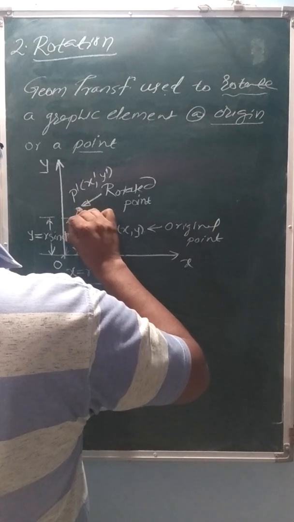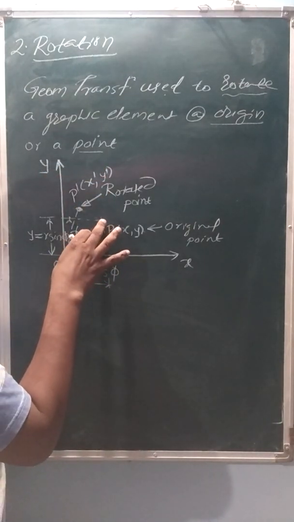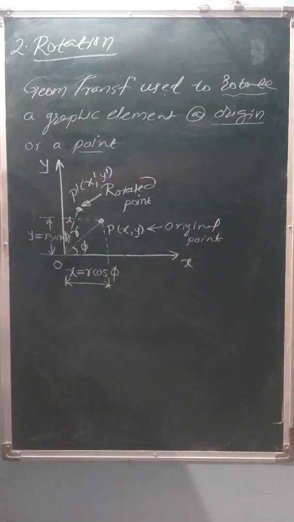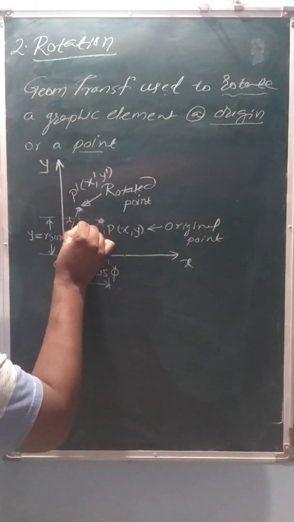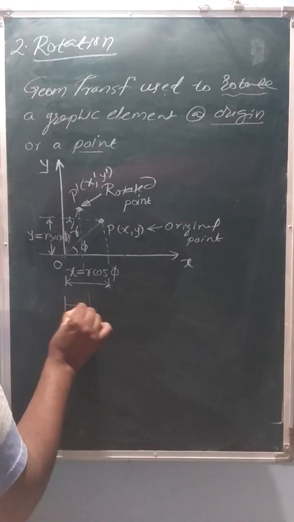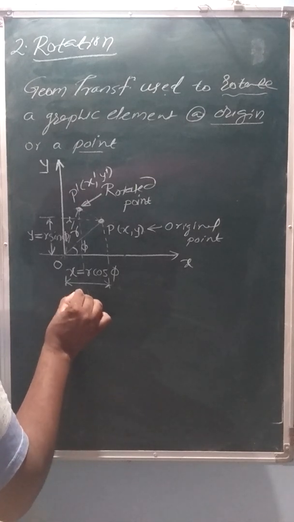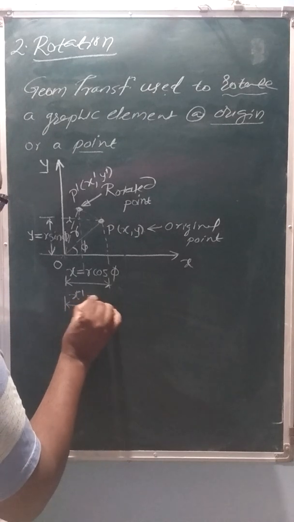So this will be the radial distance, because we are just rotating this point from this position to this position with a distance of r. Now our aim is to find this particular distance, x dash.